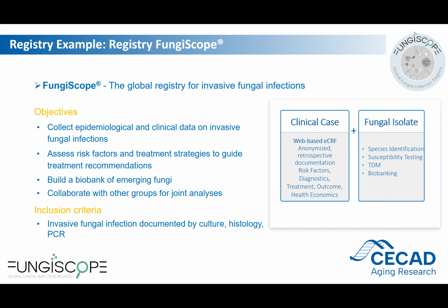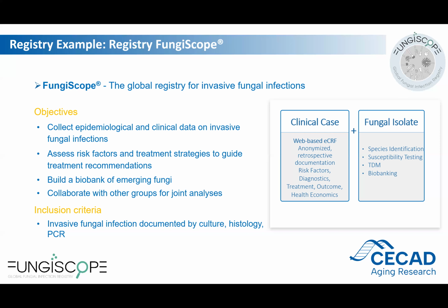So we don't only have the data, but we also have the biomaterial, which allows for great collaborations with other groups for joint analysis, which especially in the FungiScope terms is also time and again used for marketing authorization data. So this is really a great and robust registry that can be used widely and, as it said, from various groups to generate the data that are needed to support certain developmental stages.